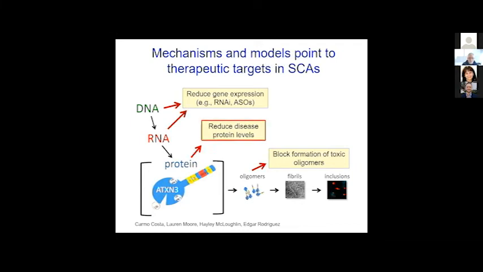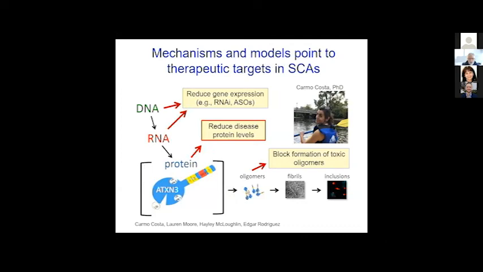And although I don't have time today to talk about it, Carmel Costa has really been leading the charge, and she is also an assistant professor at the University of Michigan, now working independently, looking for both genes and compounds that can reduce levels of ataxin 3.